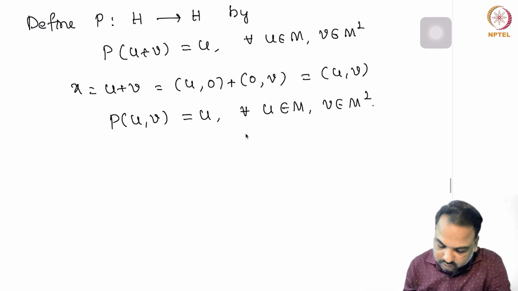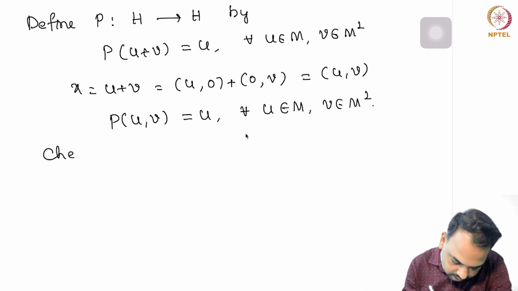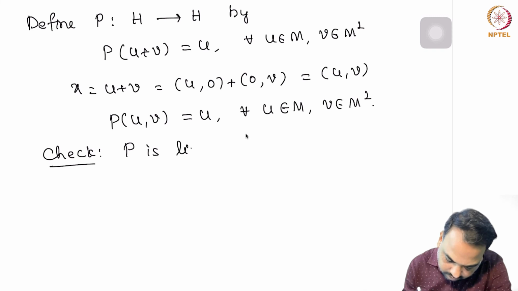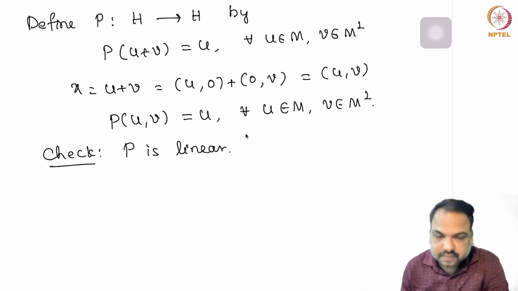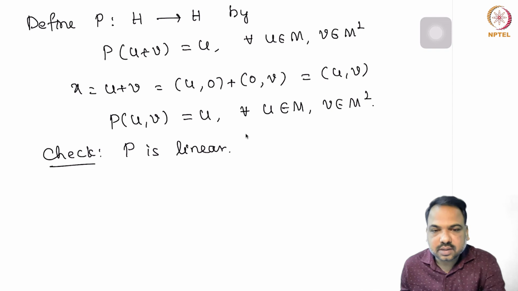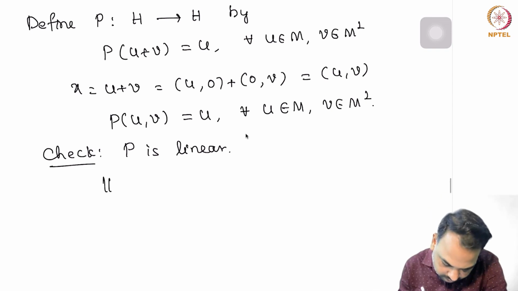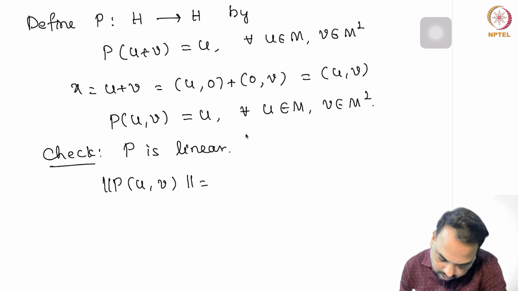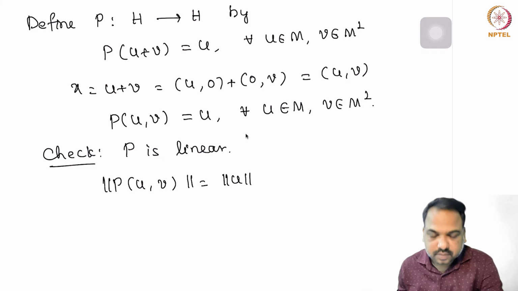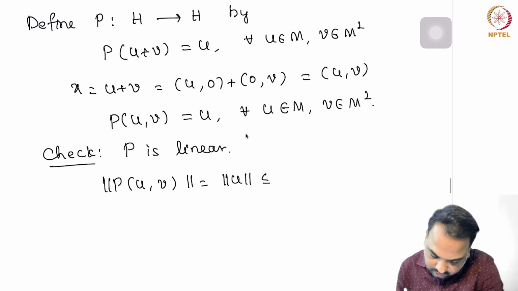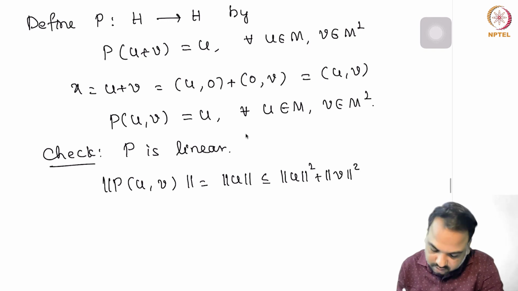So it is easy to check that P is linear, and we can also check that it is bounded. So norm of P(u,v) is nothing but norm of u, but this is less than or equal to square root of norm of u square plus norm of v square.